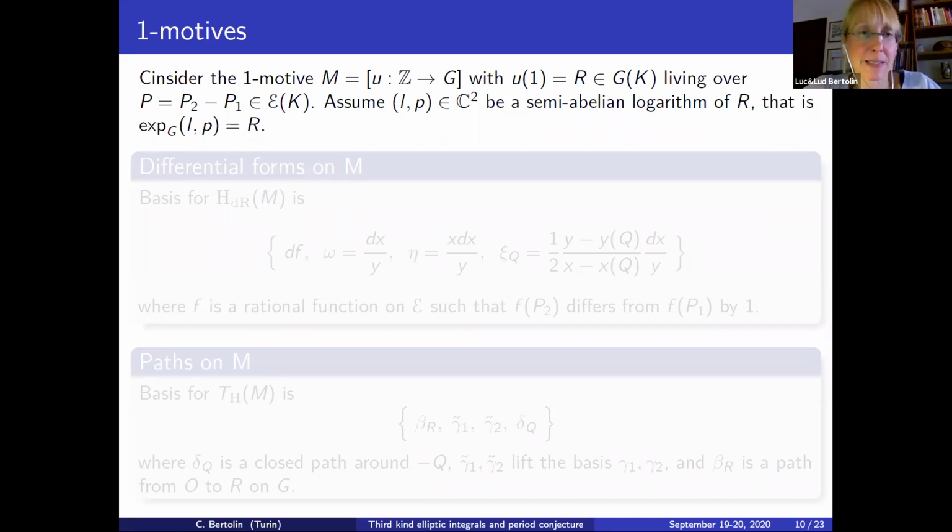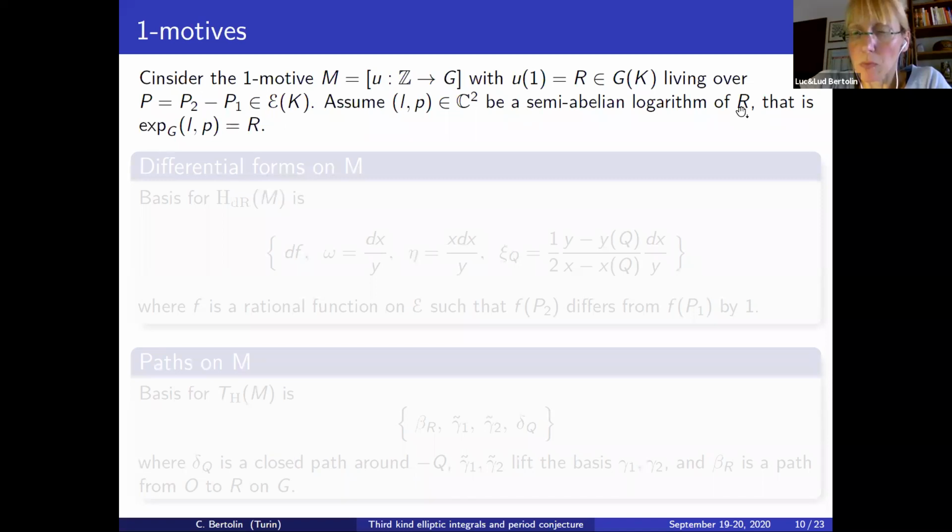And this is what we will do now. We consider a 1-motif. So I recall it is just a semi-abelian variety and a point on it. So we have G, which is an extension of our elliptic curve by G_m, and the point R on it, lying above P, that we see as P2 minus P1.